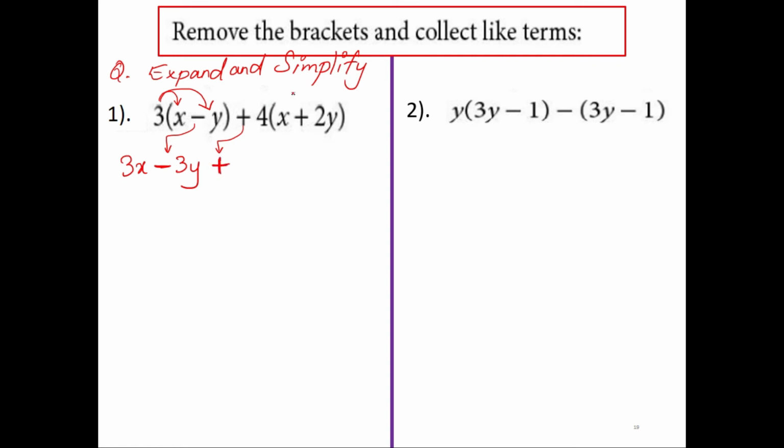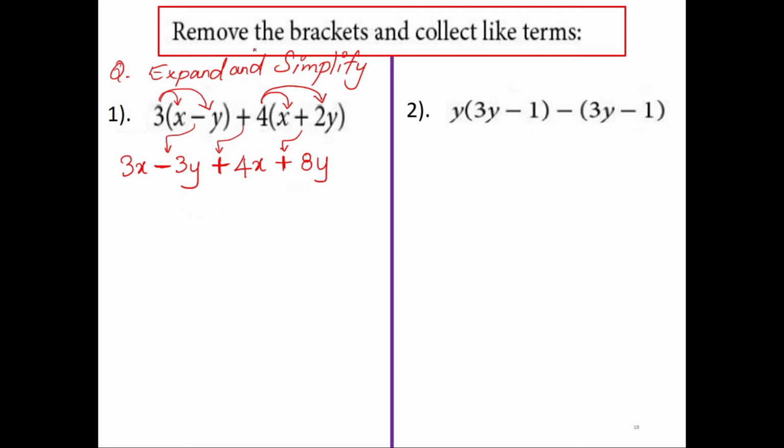The second half is where the 4 is getting multiplied by x, so 4x. Dropping the same sign down. 4 multiplied by 2y. Now 4 times 2 is 8. And you have a y there. So the expansion part is done. Now there are no more brackets that need to be expanded.